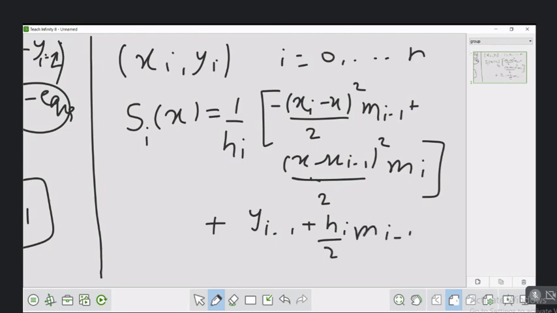So you have to calculate this, and for calculating this, you need mi's. All you need is mi's, because hi you already know. Hi is the difference of the intervals.